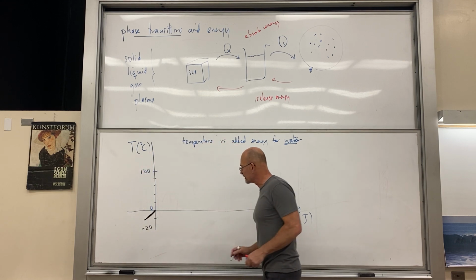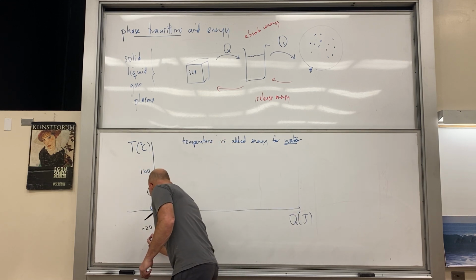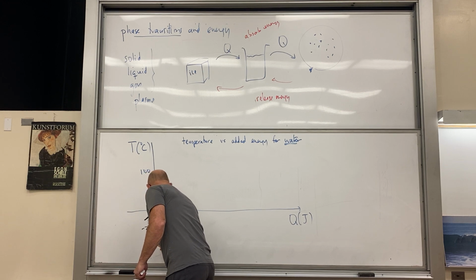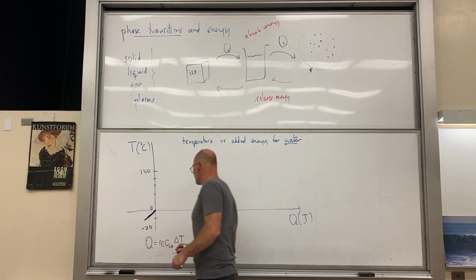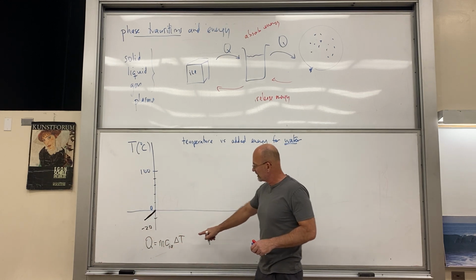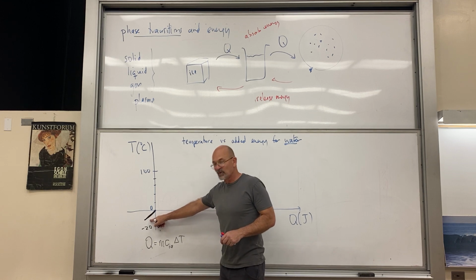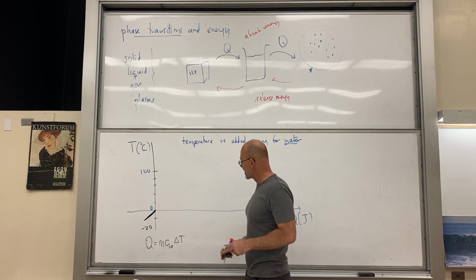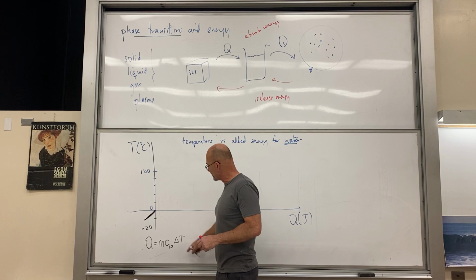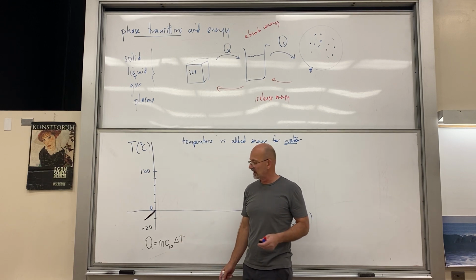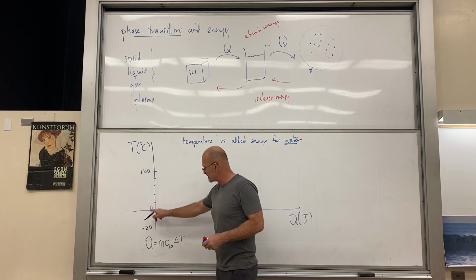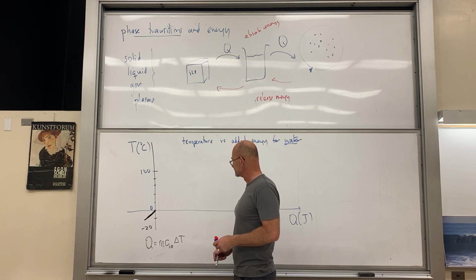Okay. So that's that line right there, and we say Q equals m, specific heat of ice, delta T. That refers to how much water, what the temperature change is. So for example, if we went from minus 20 to 0, then delta T would just be 20. Okay. Minus 20 to 0, delta T would be 20.